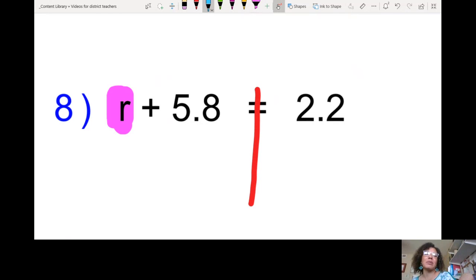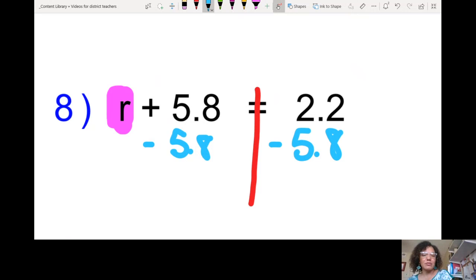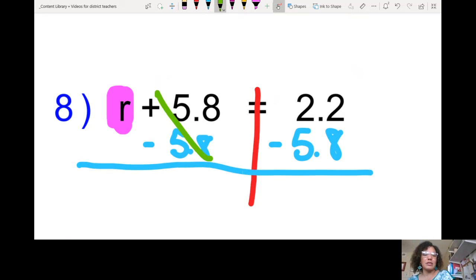What's the opposite of plus 5.8? Minus 5.8. Whatever you do to one side, you do to the other. So opposite cancels out. So now I have R on the left all by itself, just like I wanted it.